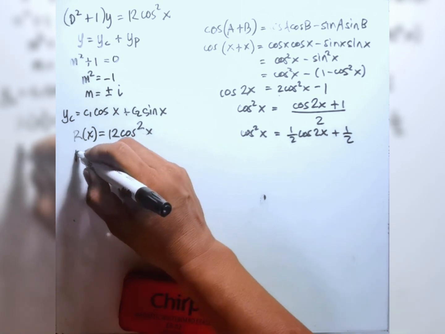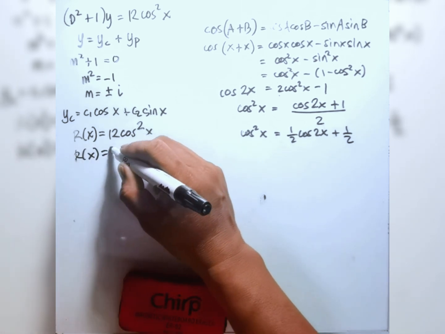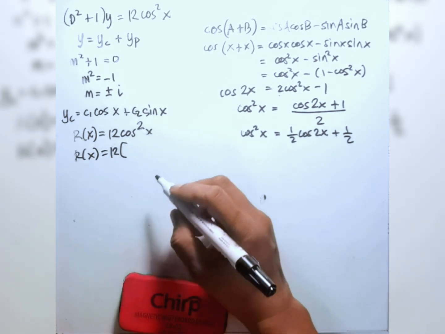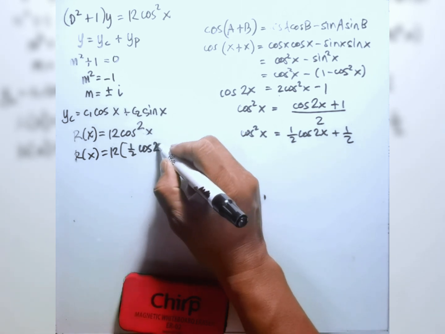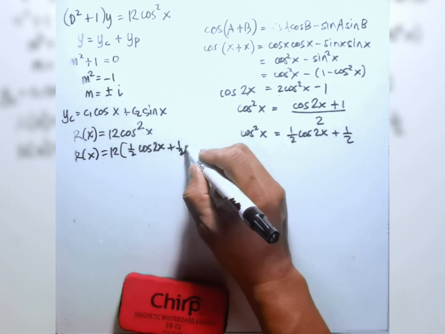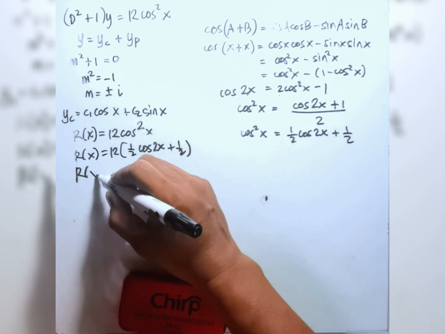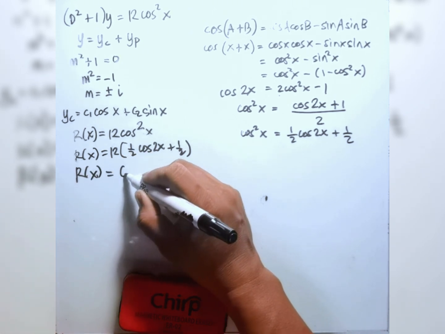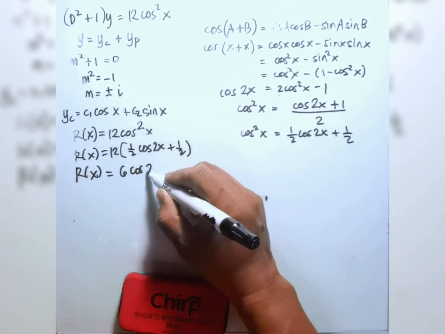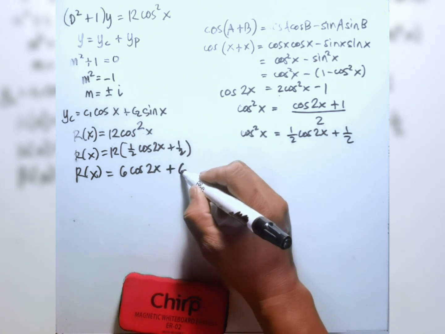So this r of x is the same as 12 times 1 half cosine of 2x plus 1 half, or r of x is 6 cosine of 2x plus 6.